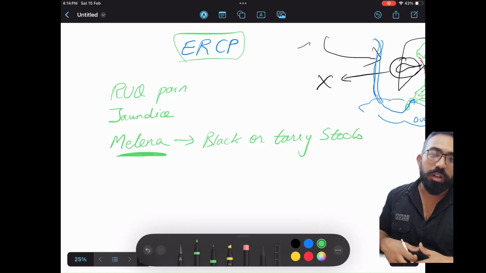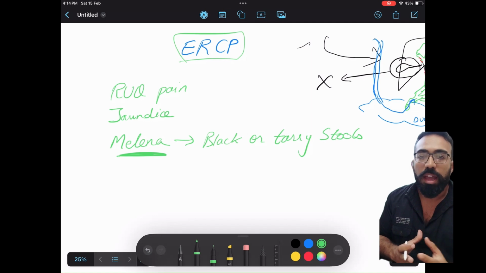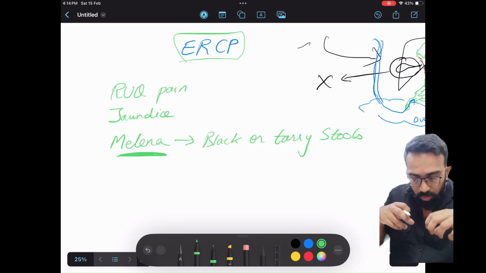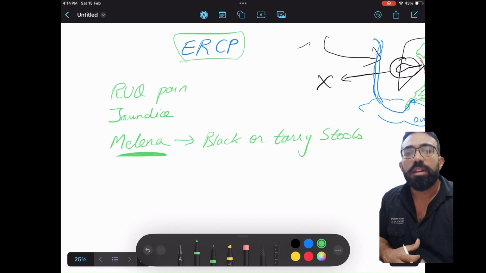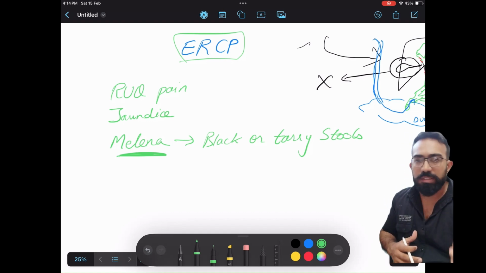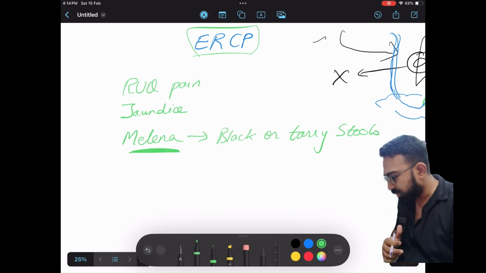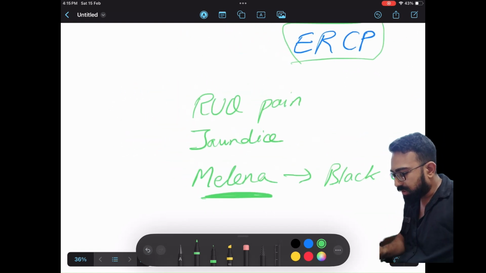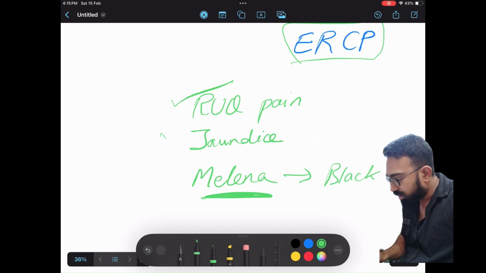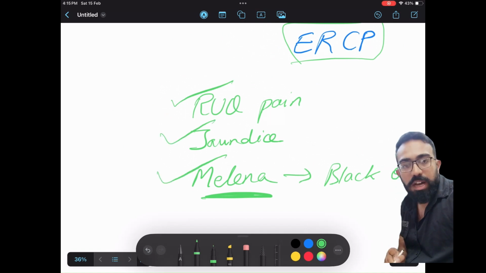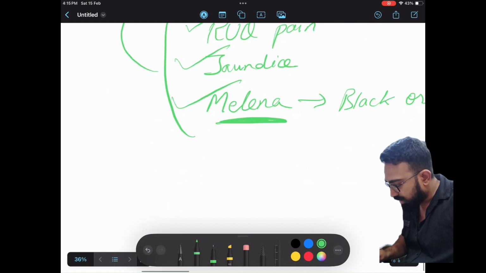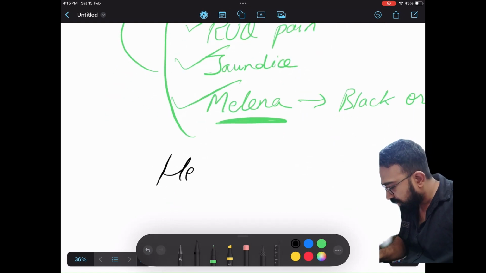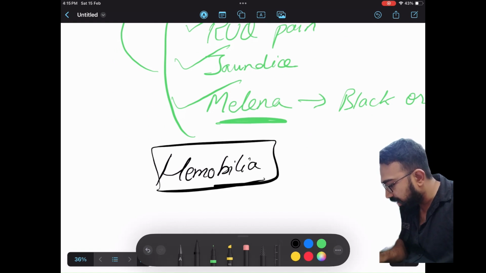It goes downwards and comes out through the stool, and because it has come all the way from the upper GI, it is not a fresh bleed, and it appears as a black or tarry stool. So remember this combination: right upper quadrant pain, jaundice with melena, recent ERCP. The condition is hemobilia.